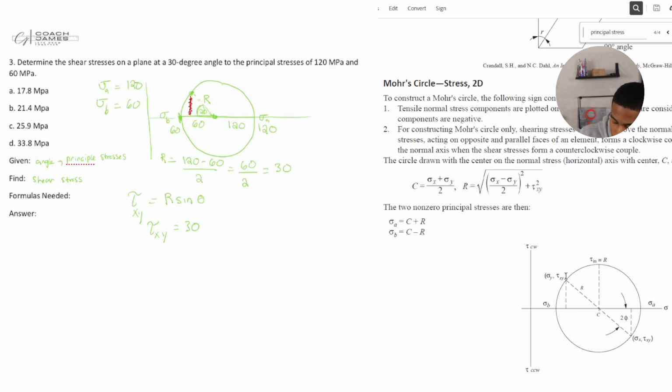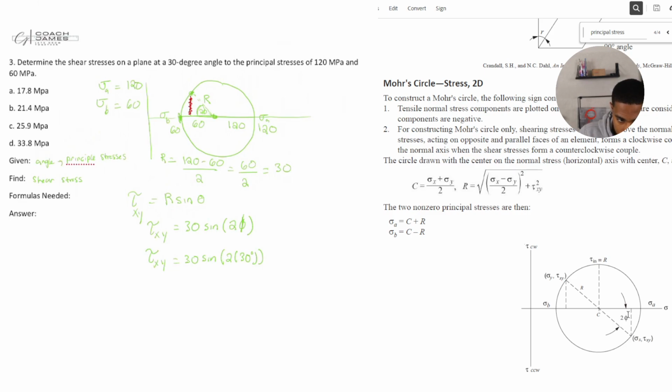And then the angle in between there is 2 theta, so the sine of 2 theta, that's the angle. Okay. And then when I simplify it even more, I know that it's a 30-degree angle. So TXY is equal to 30 sine of 2 times 30 degrees.